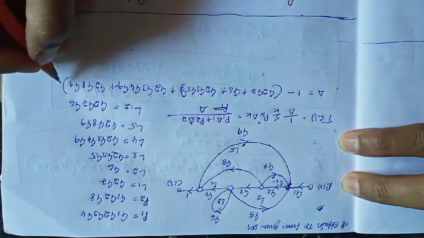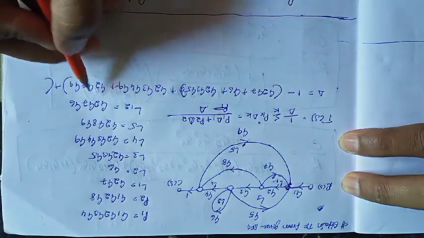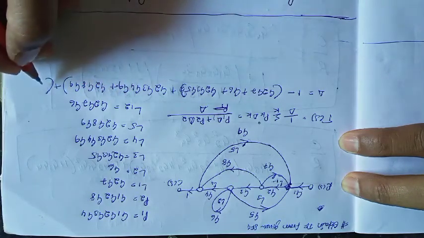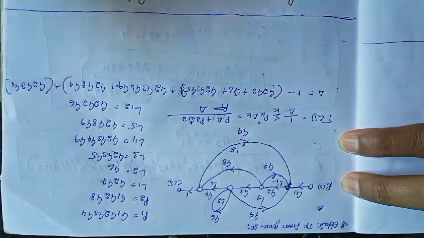The next is plus the two non-touching loops, that is L12, which is G2, G7 and G6.